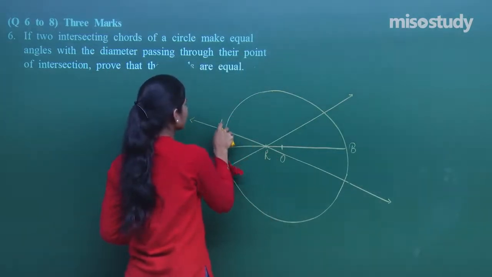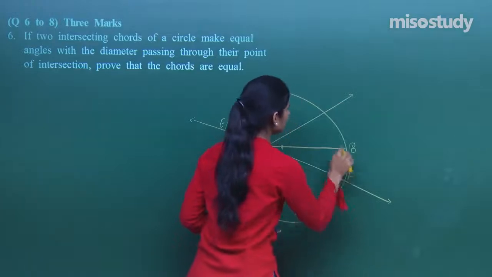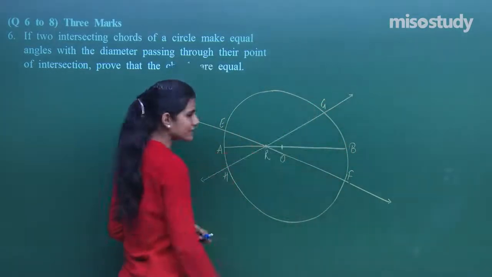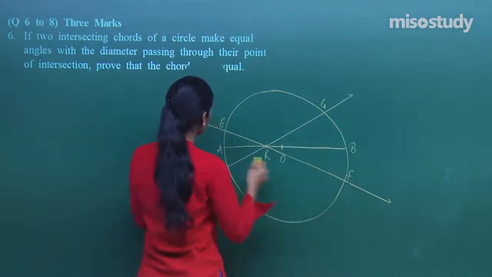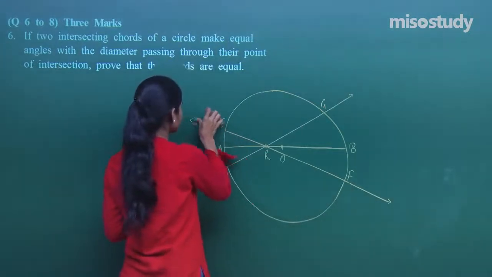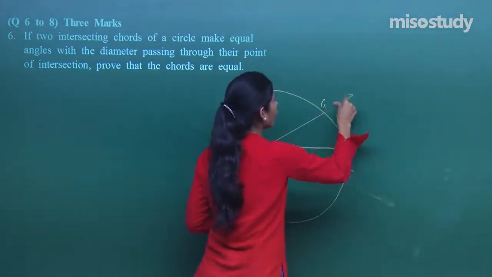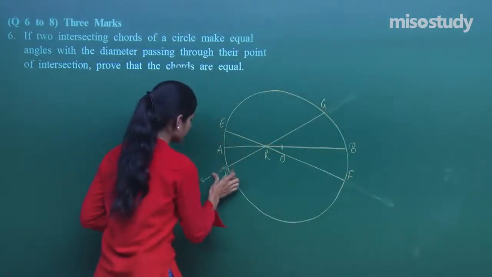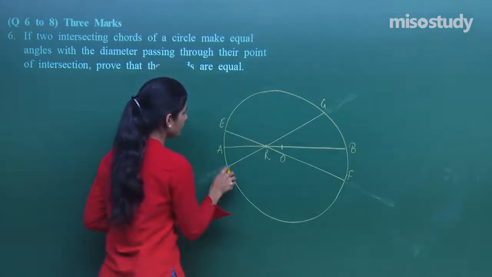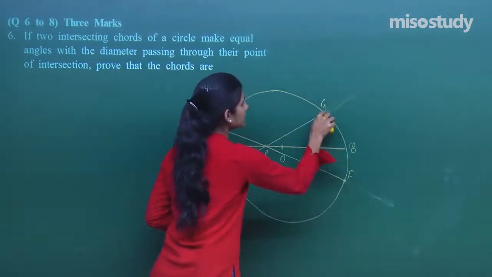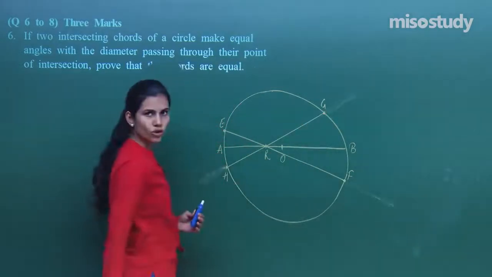So I have to show, say this is E, F, G and H. So I have to show EF is same as GH. Of course, EF is a chord, there is no need to extend it. You don't need to extend it, just take it as a chord. So this extensions won't be here. So you have to show that EF chord is same in measure as the GH chord.